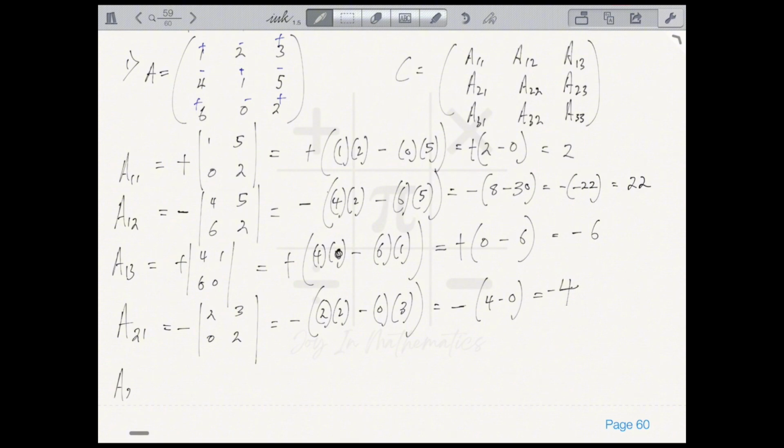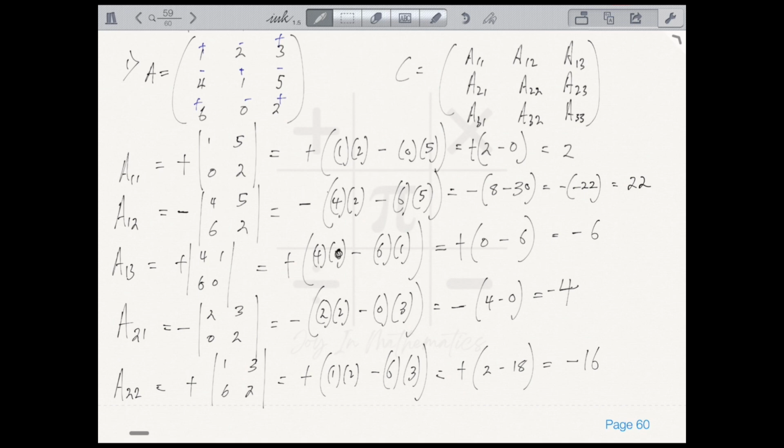Now let's evaluate A22. A22 is the cofactor of 1. The place sign is positive, and vertically, horizontally, we are left with 1, 3, 6, 2. This will give us positive of 1 multiplied by 2 minus 6 multiplied by 3, which is positive of 2 minus 18, and this will result in negative 16.